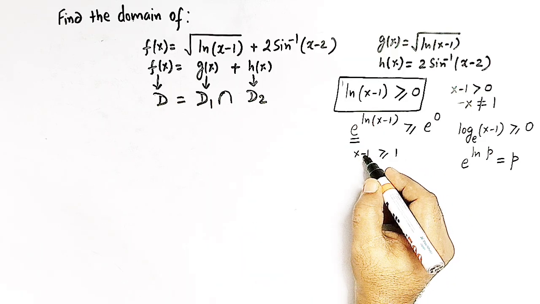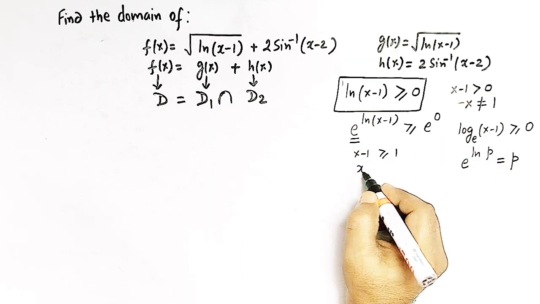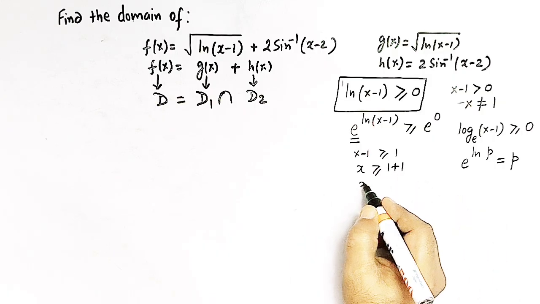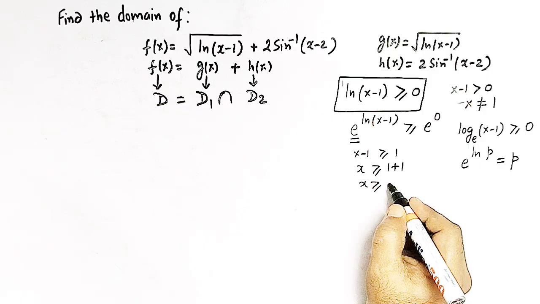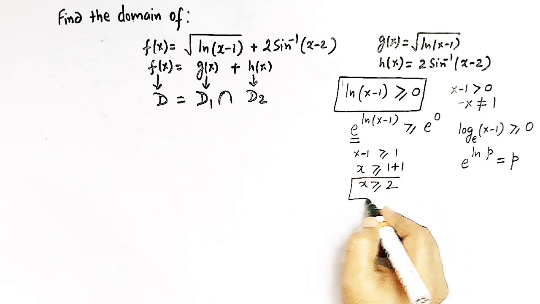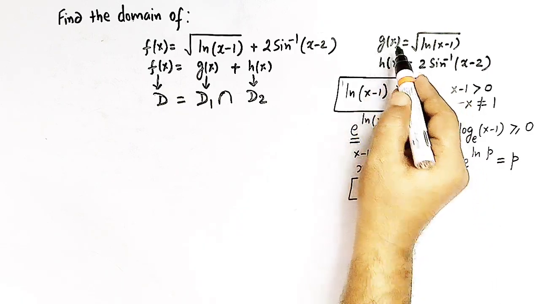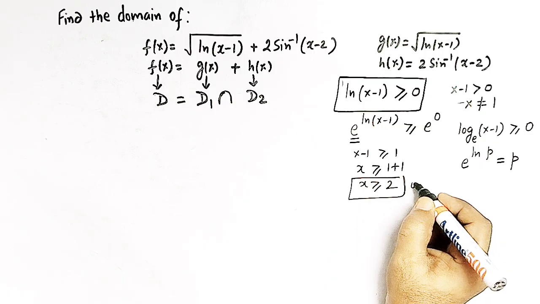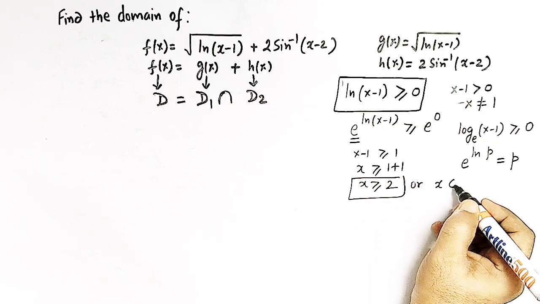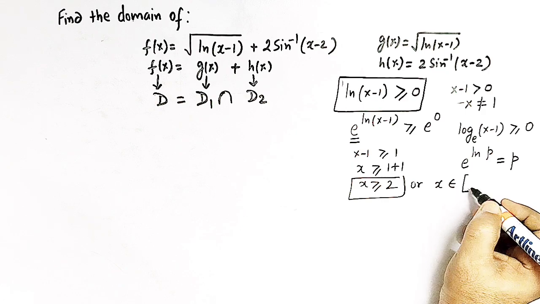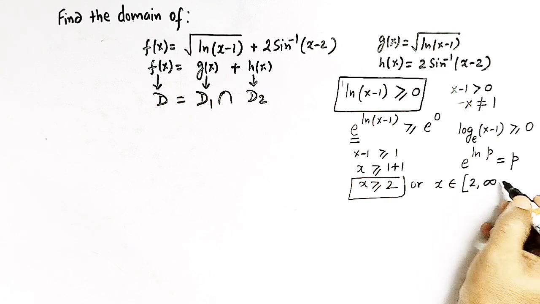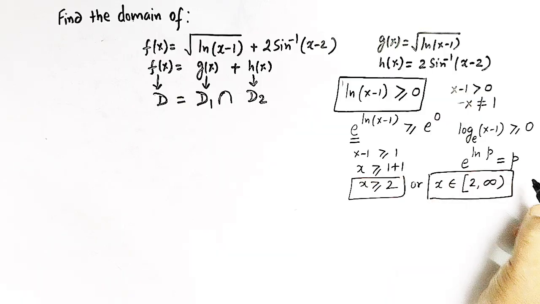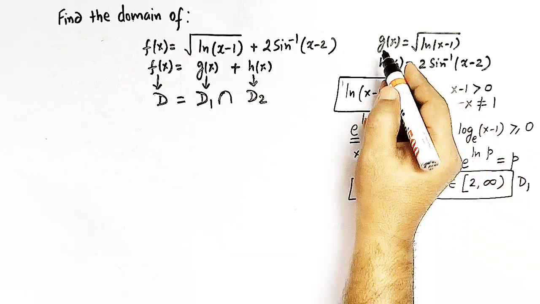So now taking 1 minus 1 to this side, we have x greater than or equal to 1 plus 1. So we have x greater than or equal to 2, right? So the domain of g of x is given by x greater than or equal to 2, or x belonging to the interval 2 to infinity, right? So this is the domain of g of x.